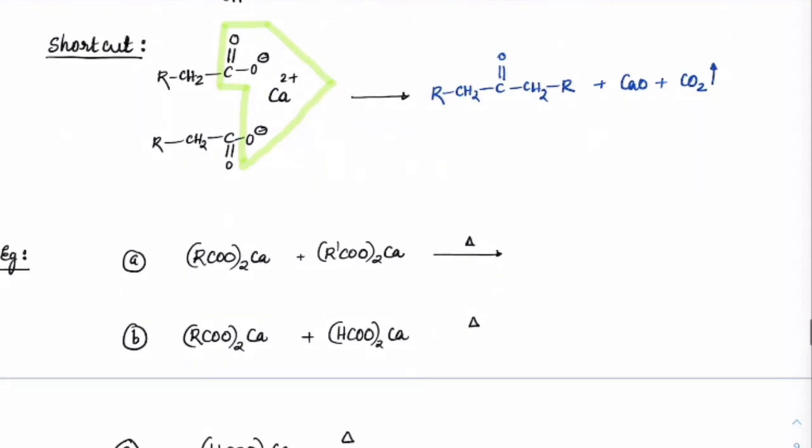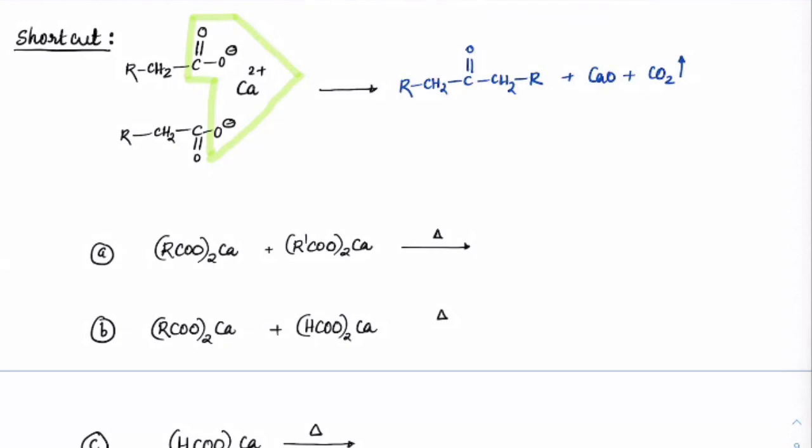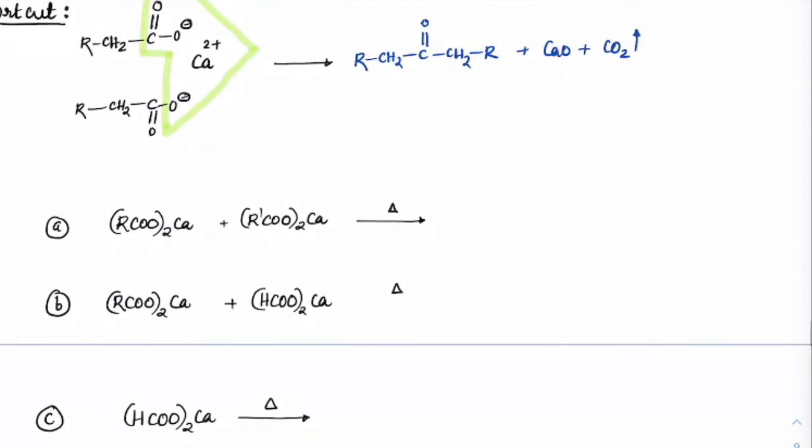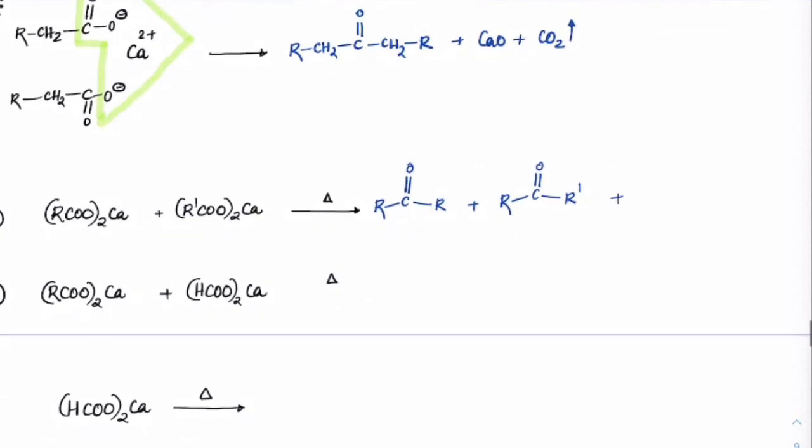Now check if you have two different salts, right? I took this as one calcium salt, this is the other calcium salt. Okay, if you have two different calcium salts here, then we can get a mixture of them. Which means I can get this as R C double bond O R, plus R C double bond O R dash, got it, and we can get this as R dash C double bond O R dash.